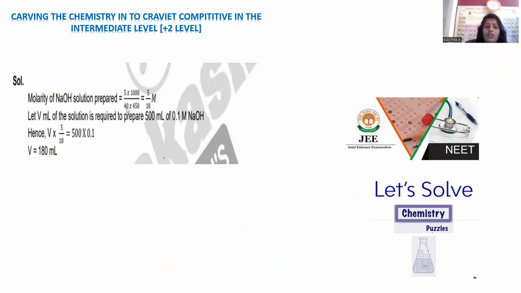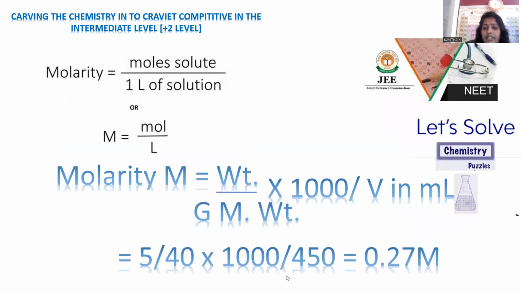The gram molecular weight of sodium hydroxide is 40, and it is prepared up to 450 ml of solution. So 5 by 40 by 450 times 1000. If you go with this molarity calculation, the answer will be 5 by 18 molar. 5 by 18 is solved as a 0.27 molar solution, right? Step 1 is completed. The molarity of the sodium hydroxide prepared is 0.27.